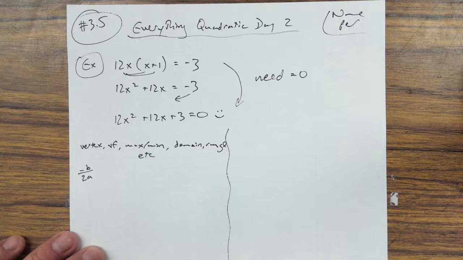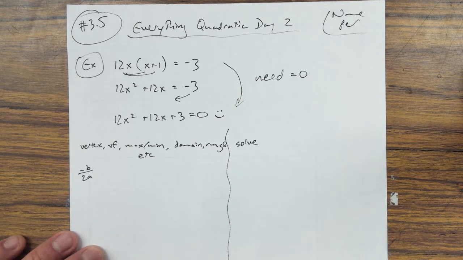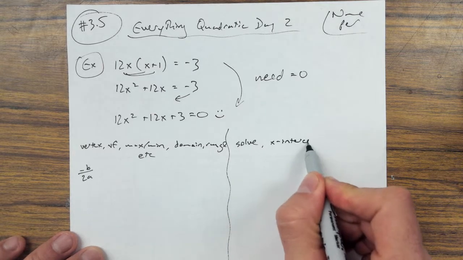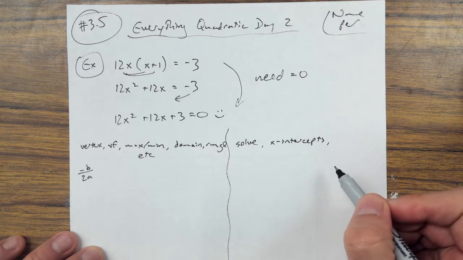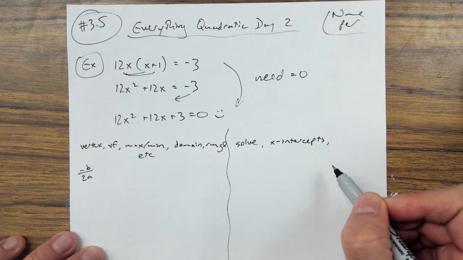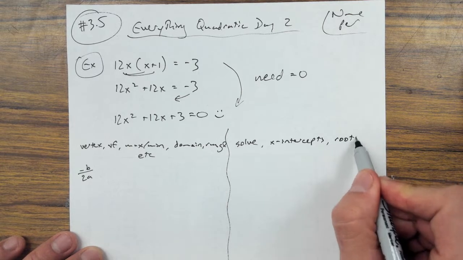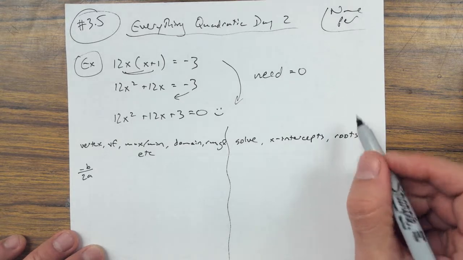However, unfortunately, -b over 2a doesn't solve the problem. It doesn't find the x-intercepts of the problem. After Thanksgiving break, not tomorrow, not next week, but after Thanksgiving break, I'm going to mention something about what's called the roots of the problem.